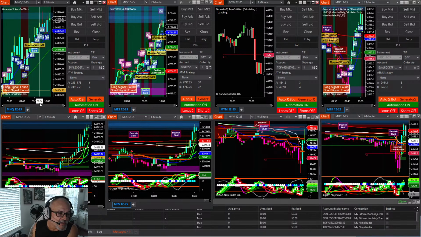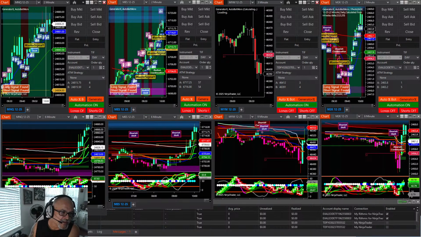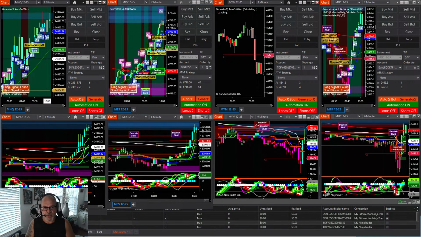Now, again, my filters on my signals are set up so the SMAs have to be in alignment. So a little bit more consolidation to allow the 21 to come up into this area would be great before actually rolling over with a power bar, because the 9 is going to have to be below the 21 before my settings will print a signal for the bot to take a trade.